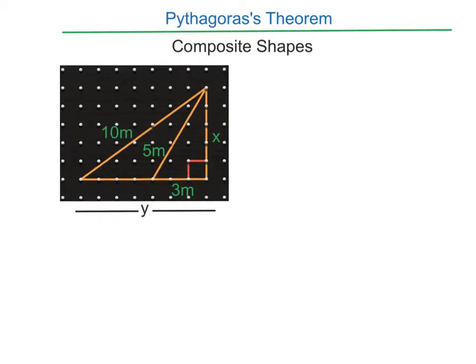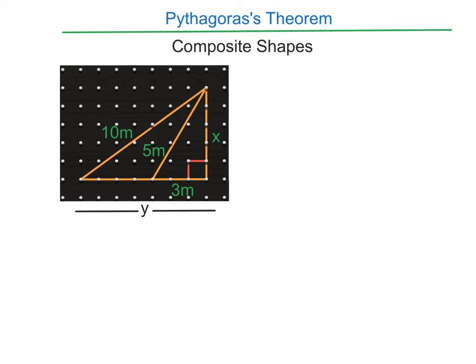In this example with the composite shape, we're trying to find out what x is and what y is. X is the vertical height of the two triangles, and y is the horizontal distance of the larger triangle. You can see there are two triangles, a smaller one inside a bigger one. So the smaller one is 5, x and 3, and the bigger one is x, y, and 10. Now that looks a bit complicated.